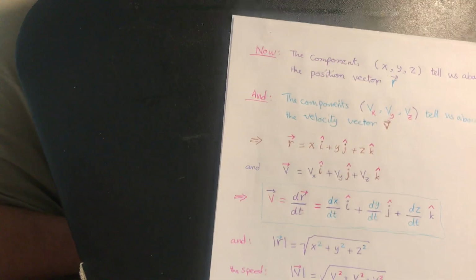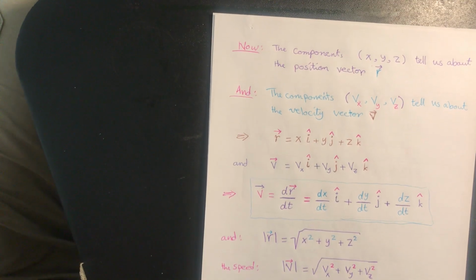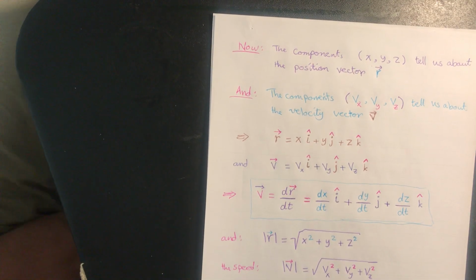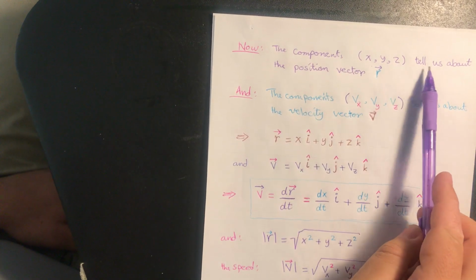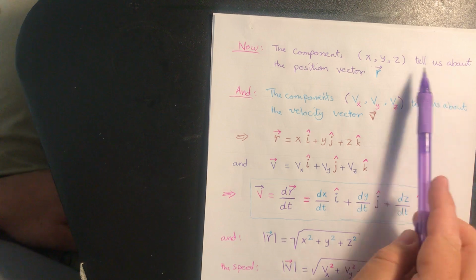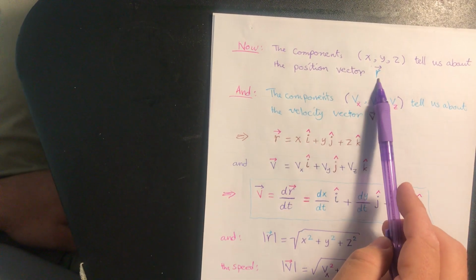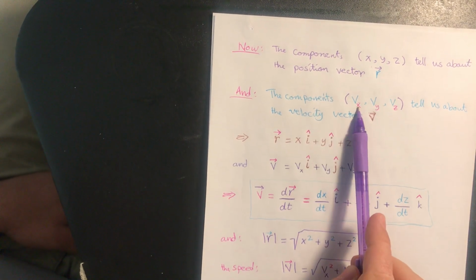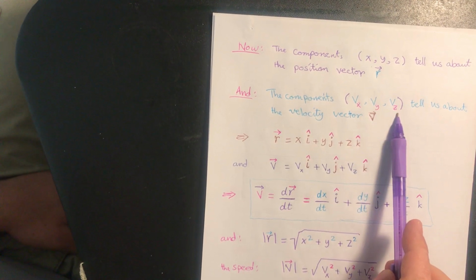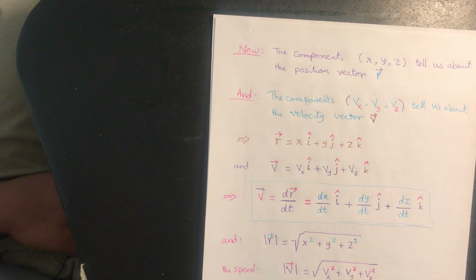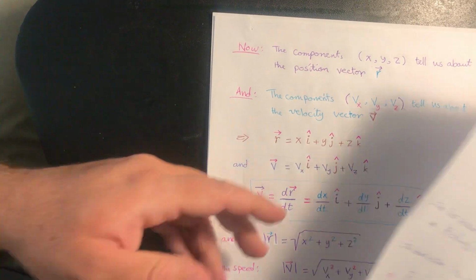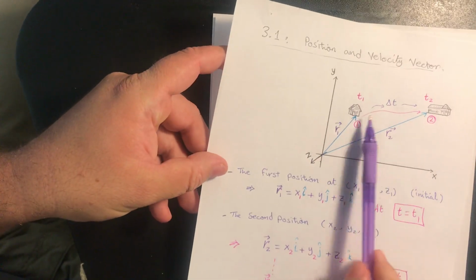Now, the components x, y, and z tell us about the position vector r, and the components vx, vy, and vz tell us about the velocity vector v for each position or for each moving body.